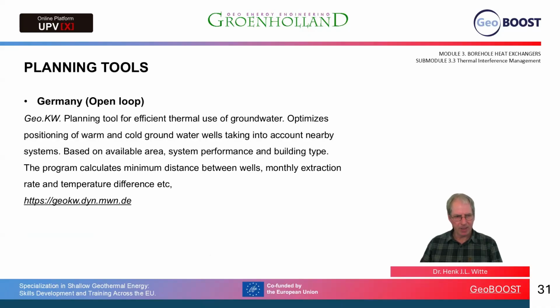In Germany, mainly for open loop systems, there is a tool for the planning of the efficient thermal use of groundwater. It has been implemented at the Munich area, and also here we can calculate distance between the wells, monthly extraction rates and temperature difference based on design data available for the different systems.